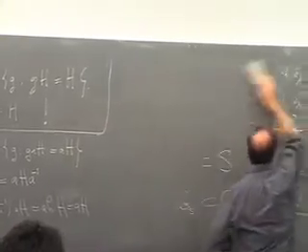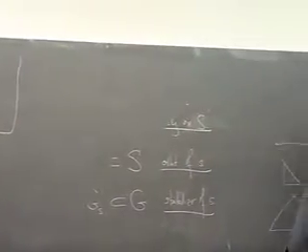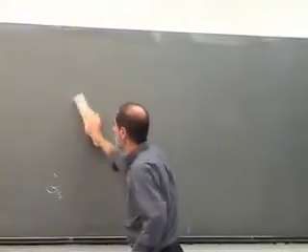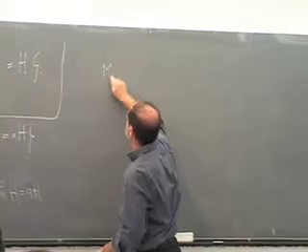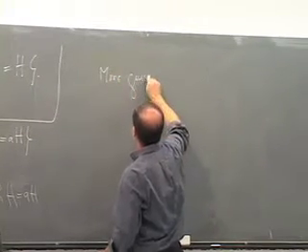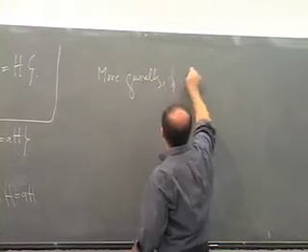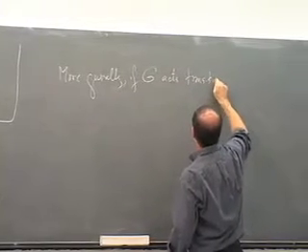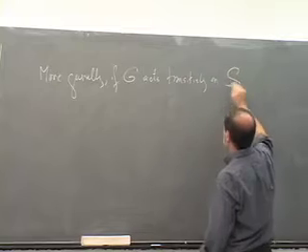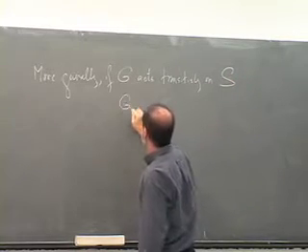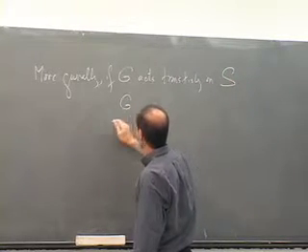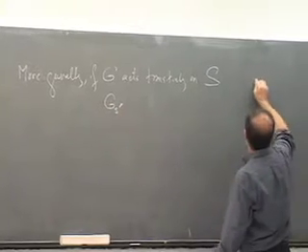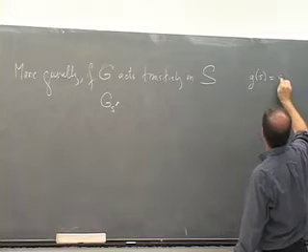And that happens in any transitive action. More generally, if G acts transitively on S, and you want to compare G sub S and G sub S prime, so say G of S is equal to some S prime.